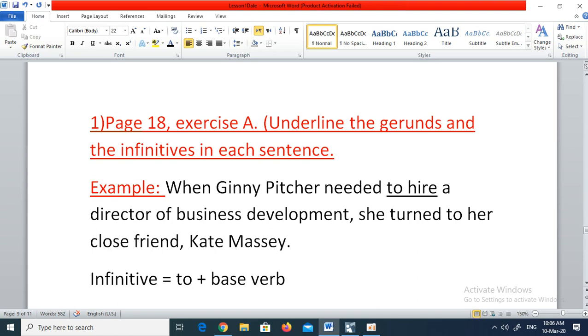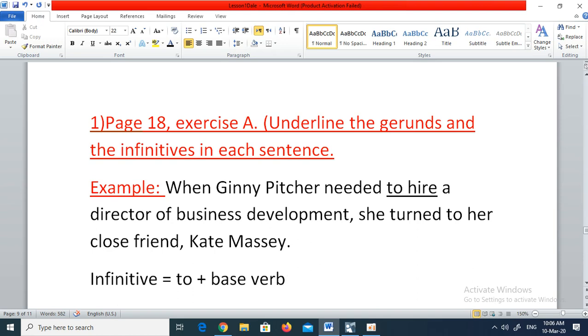It is to plus the base verb. Hire is a base verb. So when you have to hire, it is an infinitive. Her is not a verb at all. Her in this case is the possessive adjective. So when you say she turned to her close friend, that is not an infinitive.